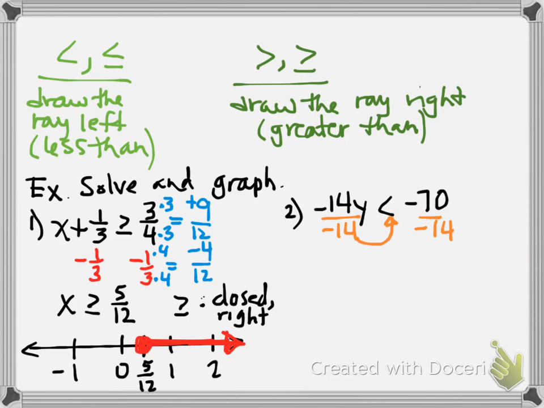Okay? So when I divide, I get y. It flips the inequality to greater than. And then I get 2 negatives make a positive, and 14 goes into 70 5 times. So when I graph, I'm just going to put the number that I want to graph in the middle, and I like to put one below and one above.